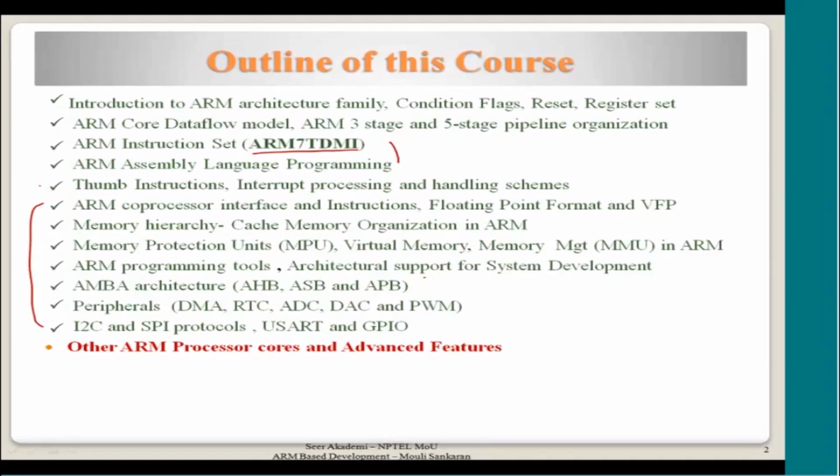So I would like to conclude this lecture with a brief introduction to various processor cores that are available in the market and the target applications for which these processors are being developed. And so this will give you some flavor of what all is there.